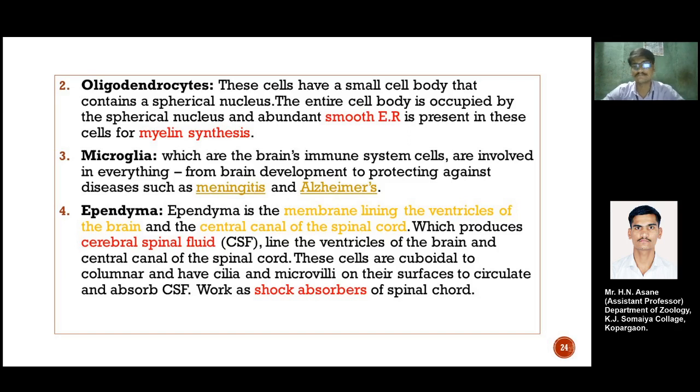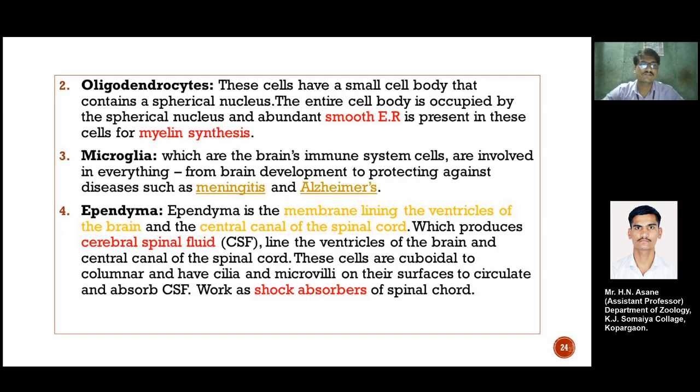They are dendritic in function. We have seen dendritic cells as macrophages. These cells work as macrophages, meaning they scavenge in the brain and clean it, serving as the soldiers in the brain.